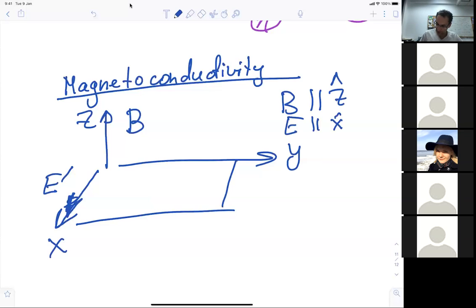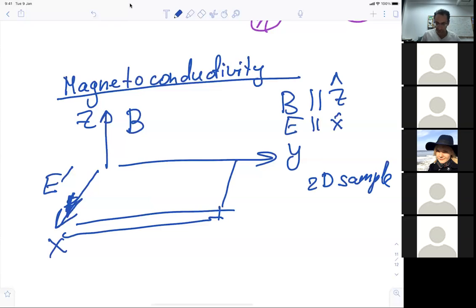And let's decide that the sample is a two-dimensional sample. So it can be a metallic film, two-dimensional metallic film. And the goal is to compute electric conductivity in the presence of magnetic field.